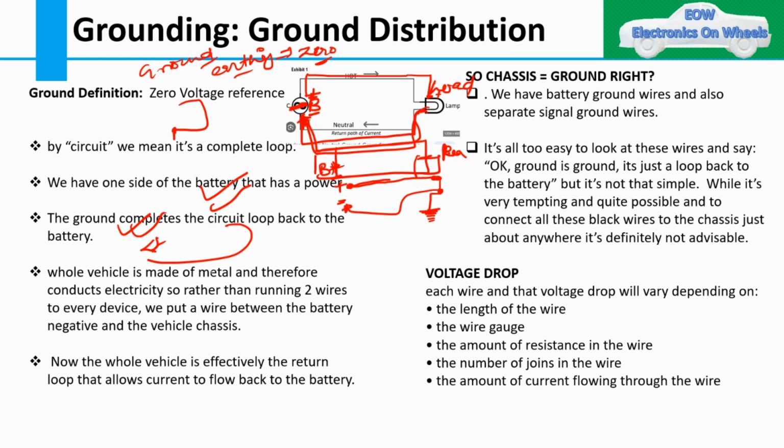But what happens is your vehicle is made of all metal, therefore it conducts electricity from one point to another. If you look at the negative point, there would be a negative cable, a negative harness, and that would always be on the car's body, whether you have cars or trucks.